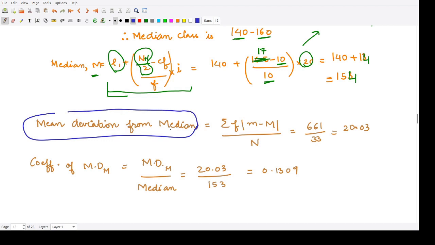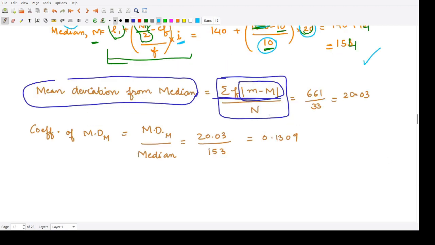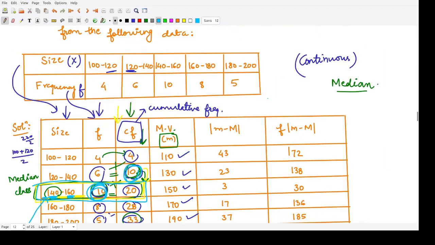So mean deviation from median is calculated using this formula: summation f modulus of m minus M, divided by capital N. For this we will first calculate this quantity, the modulus of m, the middle value, minus the value of median.